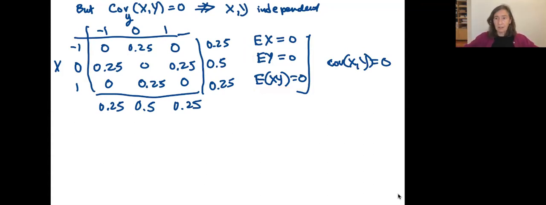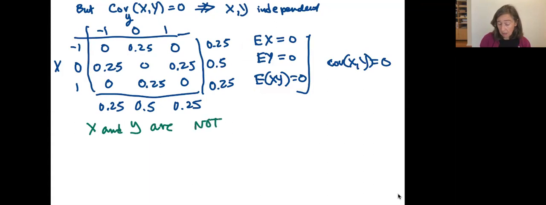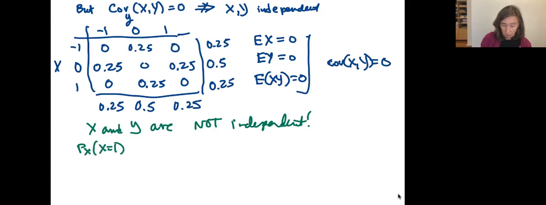We got 0 covariance here. But in this particular case, x and y are not independent.